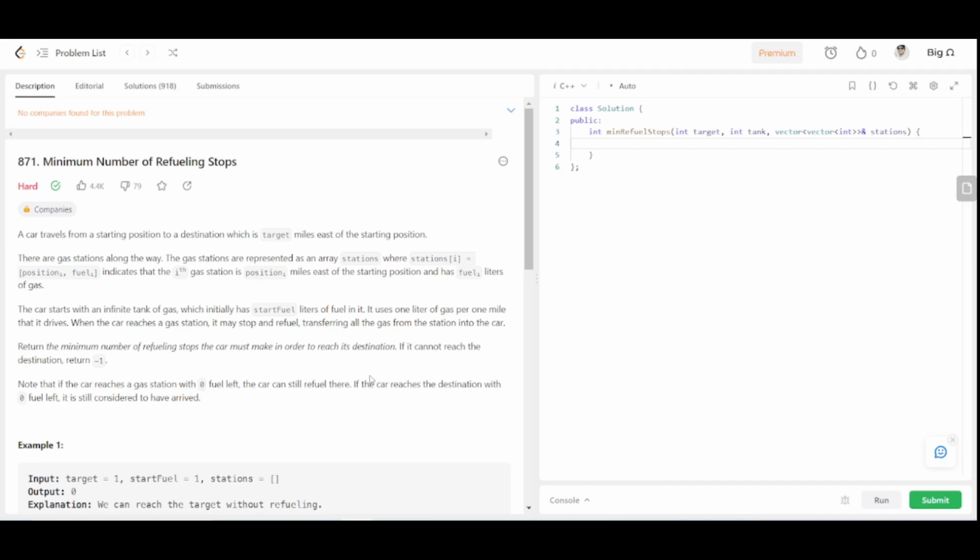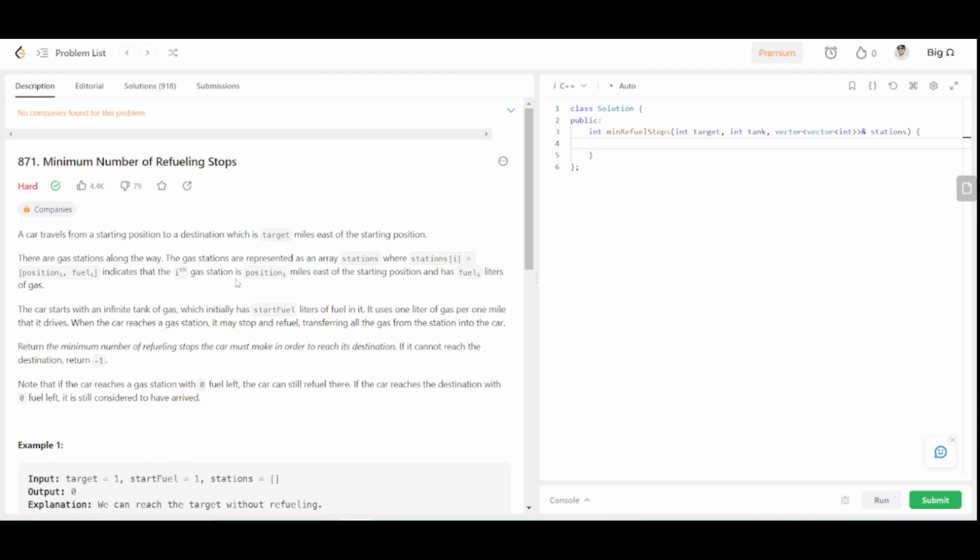The gas stations are represented as an array stations where each element in this stations array is a pair representing the position of that station and the fuel which can be filled from that station.